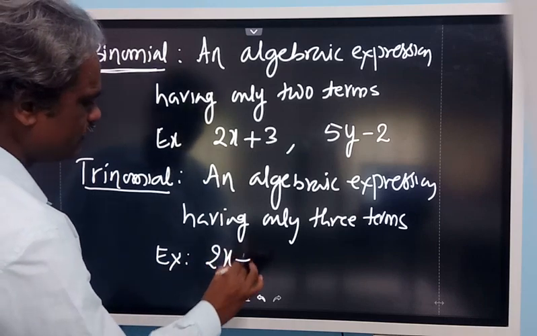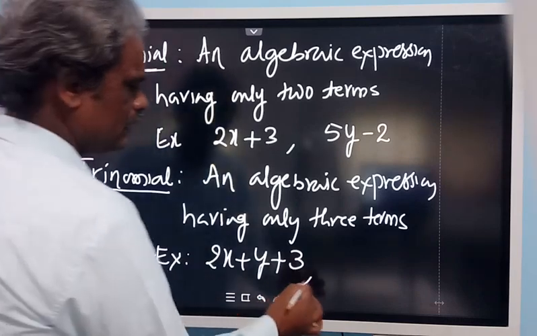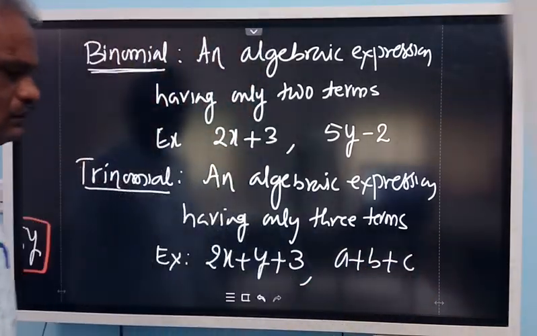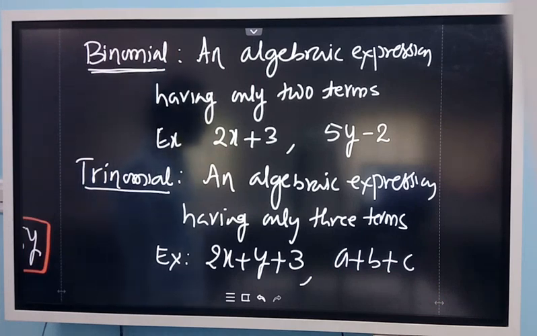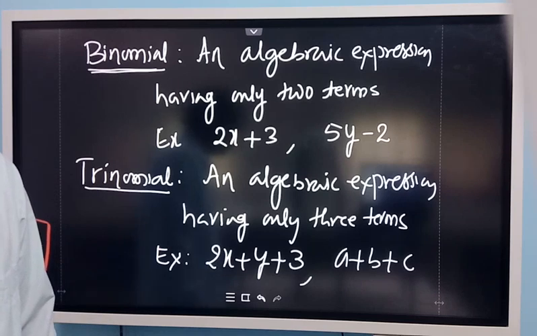Example, 2x plus y plus 3 or a plus b plus c. Such expressions are called trinomials.